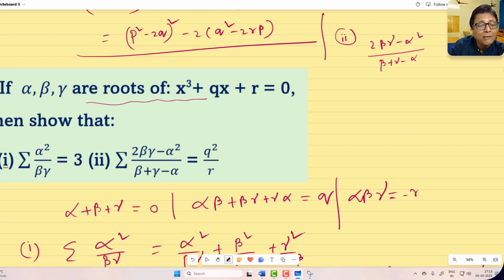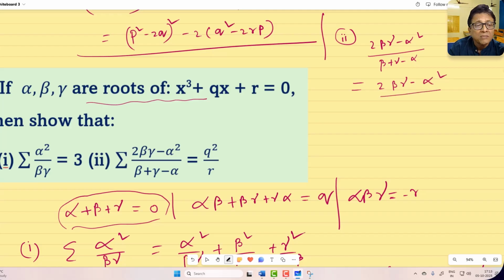Now alpha plus beta plus gamma equal to 0, you know. So you write this as 2 beta gamma minus alpha square. Beta plus gamma is minus alpha. So this is going to be alpha square, 2 beta gamma by 2 alpha. Isn't it?